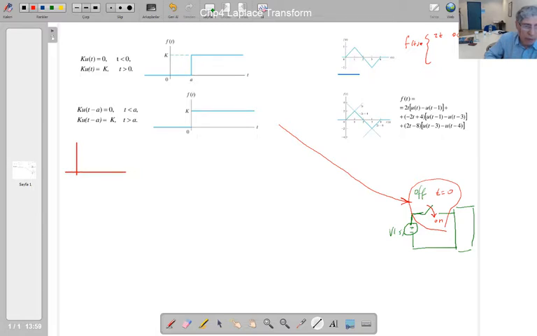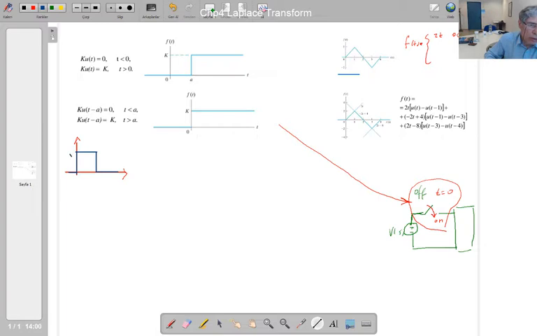Unit pulse function, let's assume this. So change the color here. So this function here, this blue one is pulse.